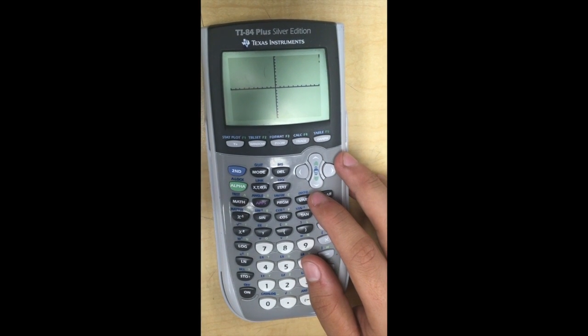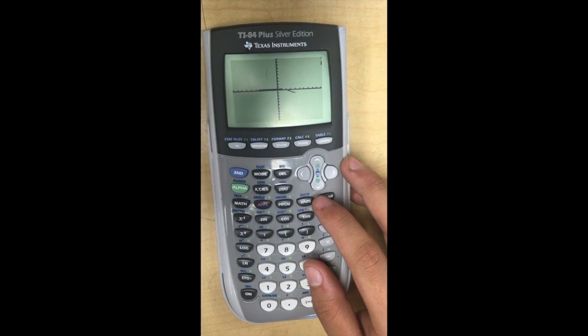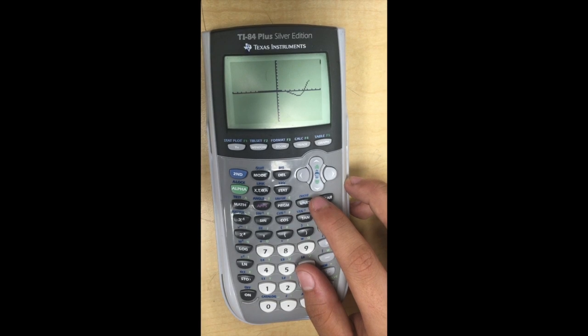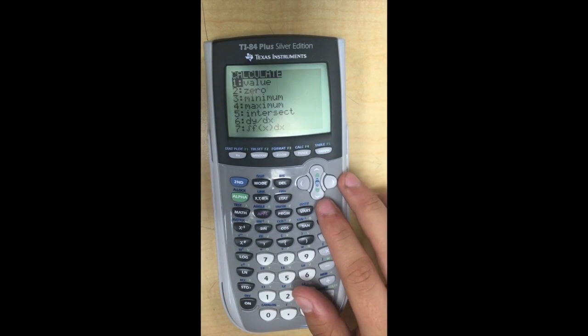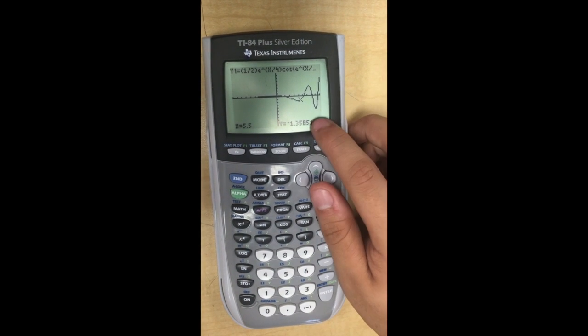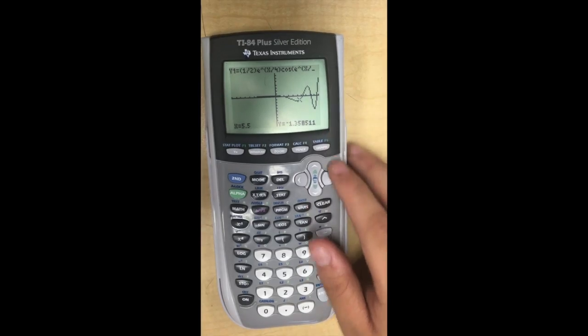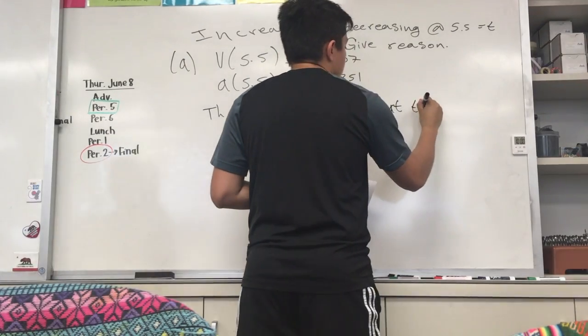So once the calculator gets the graph, okay, so you see it's graphing right there. We don't really need to zoom in or zoom out. So we shall do the same thing. Go to value and then input 5.5, and we should get negative 1.35.